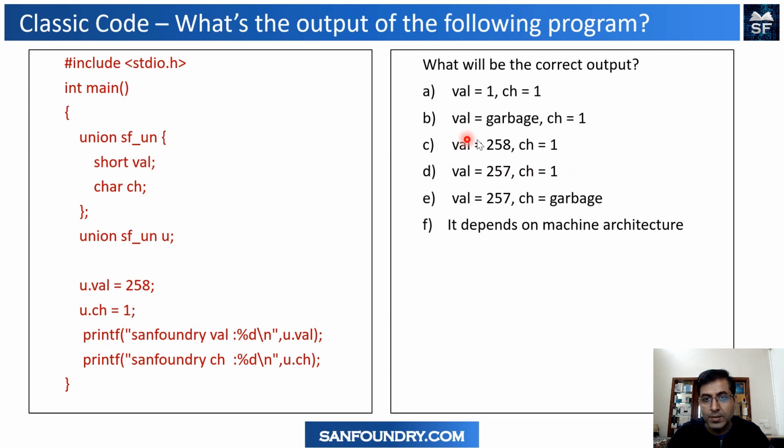Another answer, for some of you who have done this, can be this. Some of you are very sharp and can say it depends on the machine architecture for this problem. It purely depends on your understanding of the concept of union. Having said that, I have a code ready for this. We will run it, and we'll arrive at an explanation for the answer.